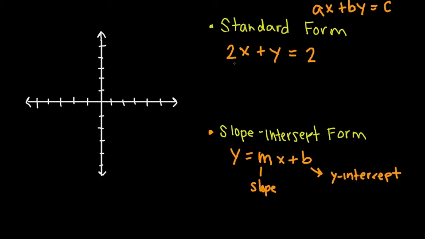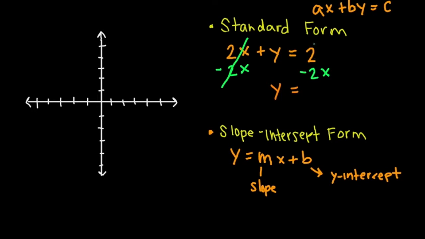To get it into slope-intercept form, this 2x here has to go on the other side of the equation to get y by itself. So we're going to subtract 2x, because a positive 2 minus 2 is 0. But we have to do that to both sides. So 2x minus 2x will cancel out, and we're left with y equals.